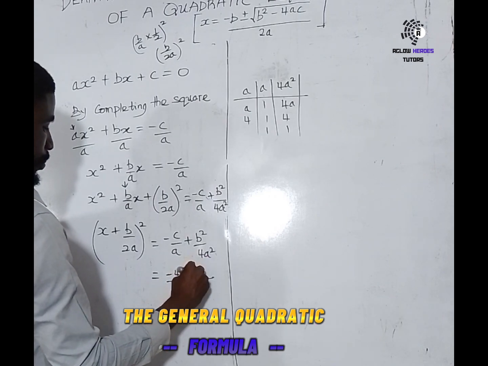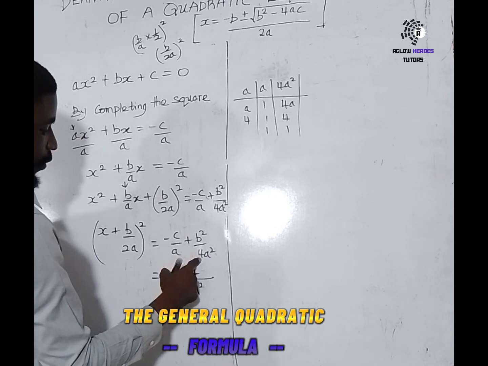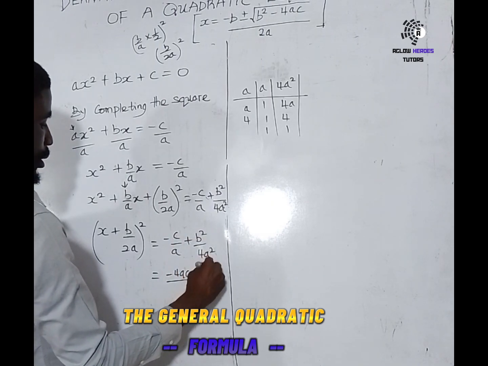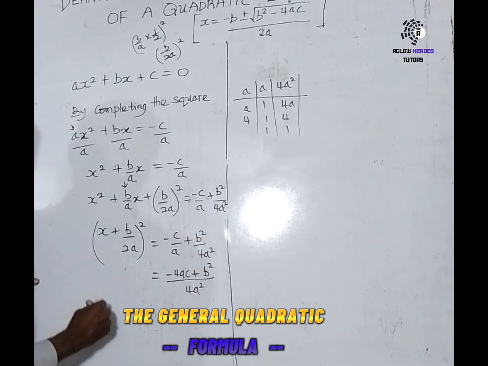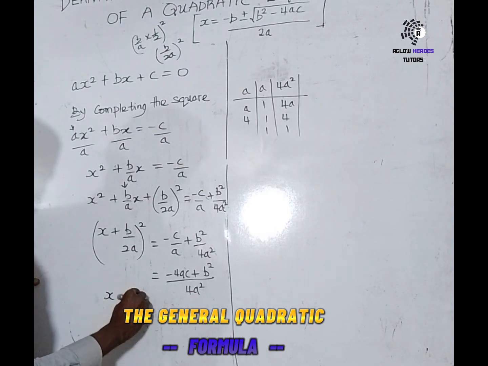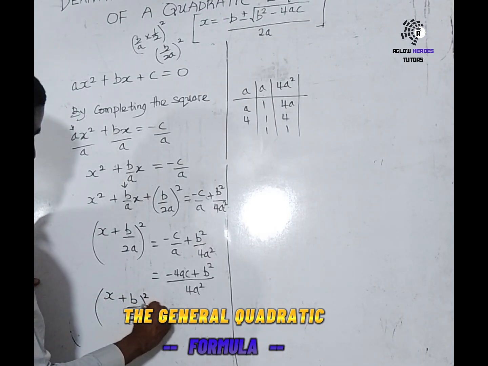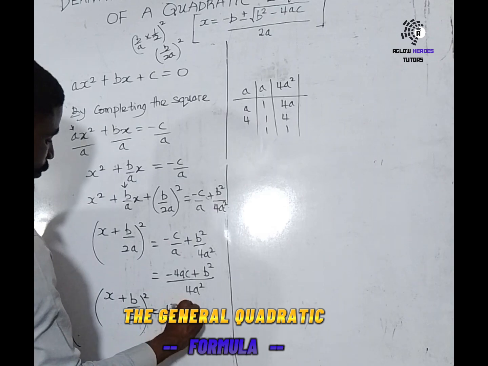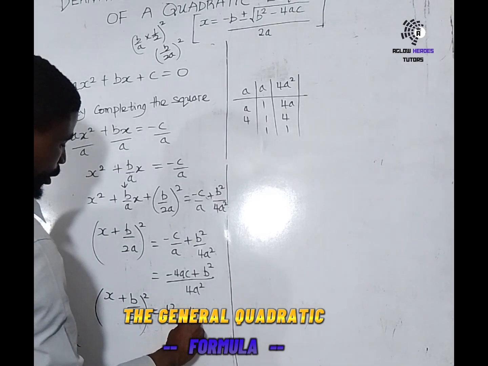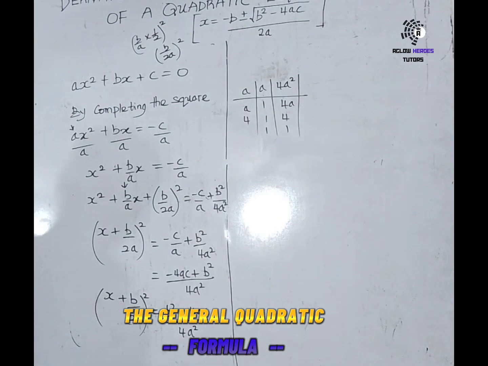Plus 4a squared divides 4a squared is 1, and 1 times b squared is b squared. We're going to write this as x plus b over 2a all squared is equal to b squared minus 4ac all over 4a squared. So we have arrived at this stage.